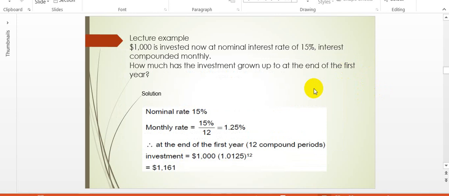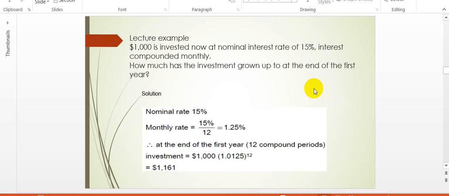We illustrate that in an example. 1,000 is invested now at a nominal interest rate of 15%, interest compounded monthly. How much has the investment grown to at the end of the first year? So the nominal rate is 15%.